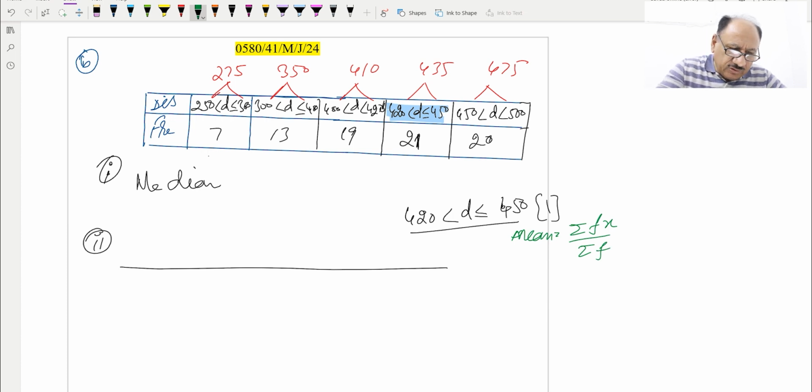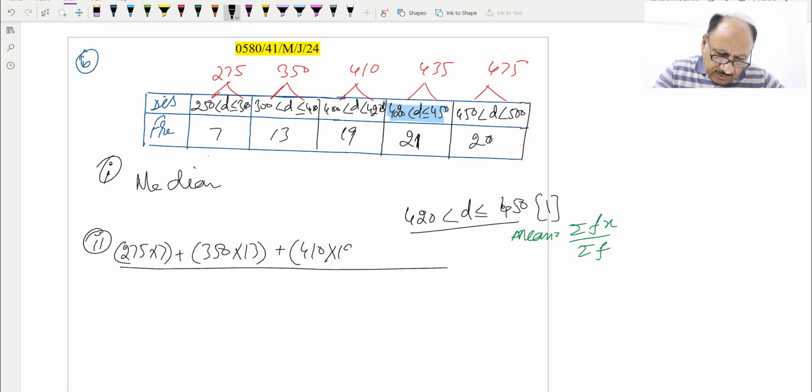So we write 275 into 7, plus 350 into 13, plus 410 into 19, plus 435 into 21, and the last one 475 into 20, and divided by the total, which is 80.